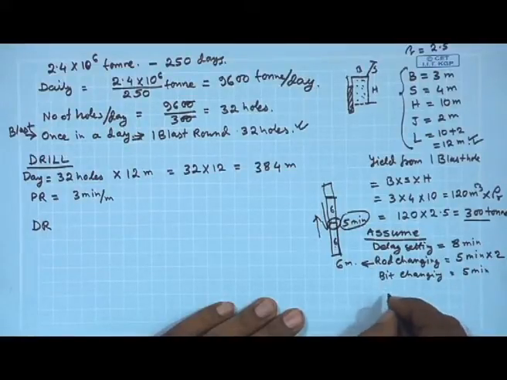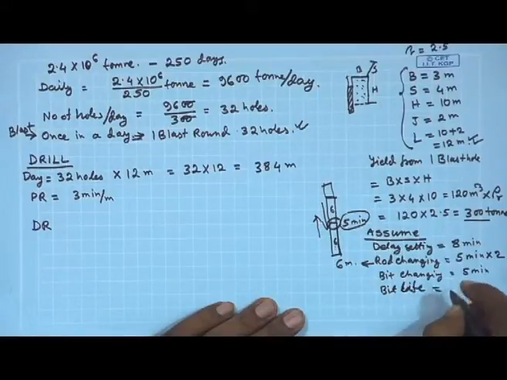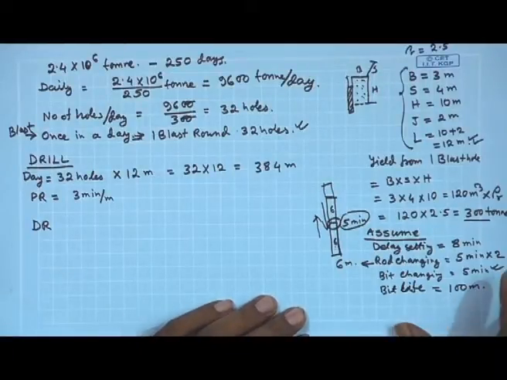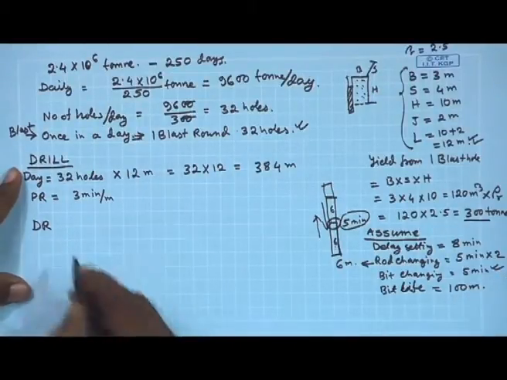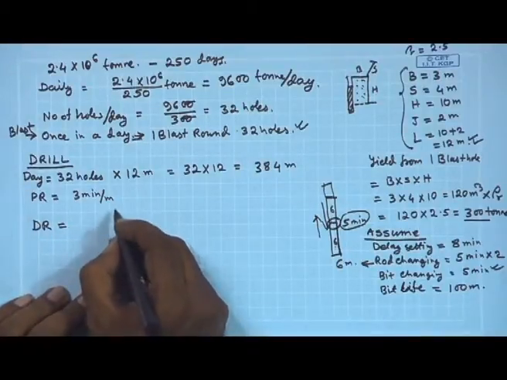So, we have to know the bit changing interval. Bit changing interval, say bit life, let us consider just like the previous class, 100 meters. So, this 5 minute delay may be witnessed in every 100 meter of drilling. Like last class, we know the formula for this.